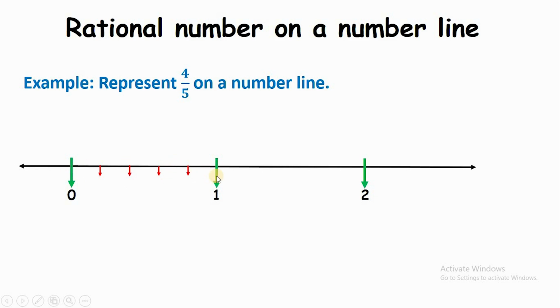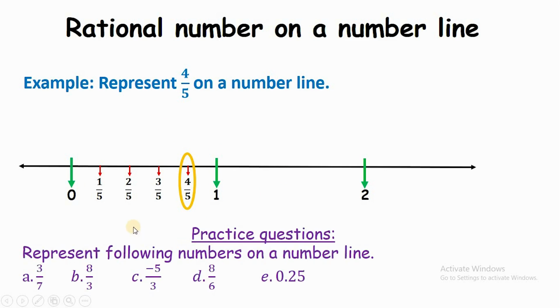We have divided this line segment into 5 equal parts. So 0 divided by 5 is 0. The first number is 1 by 5, 2 by 5, 3 by 5, 4 by 5, and 5 by 5 is equal to 1. And this is our required number on the number line.